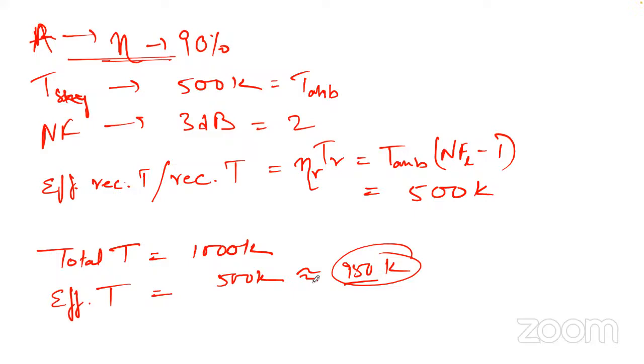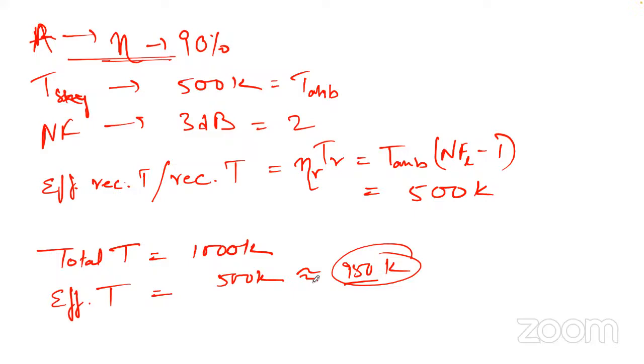Okay, I understood your question looking at this. In the week 4 assignment, we are using that approximation. We are directly estimating the total noise temperature, instead of using noise figure, instead of linearizing the noise figure, and adding it with the sky temperature.